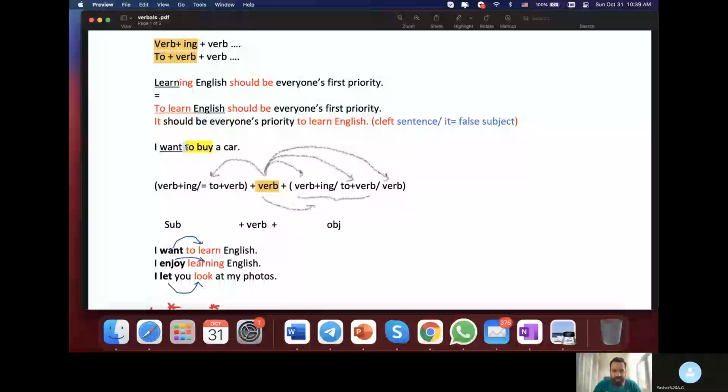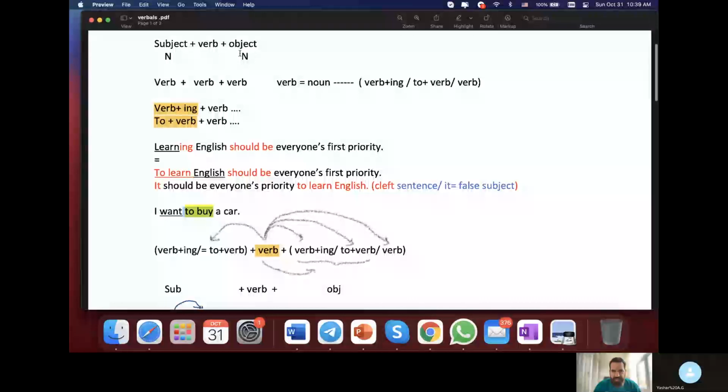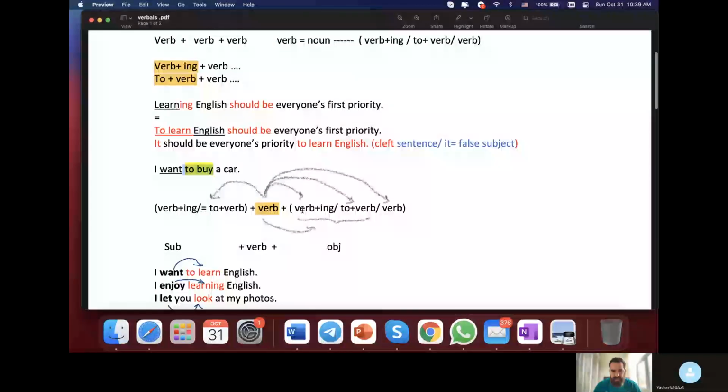Then there is a place where you want to use the second verb rather than the noun here. You use a verb. In this case, you can use the gerund form, you can use to plus verb, and you can use bare infinitive. This completely depends on the type of the verb you use here.